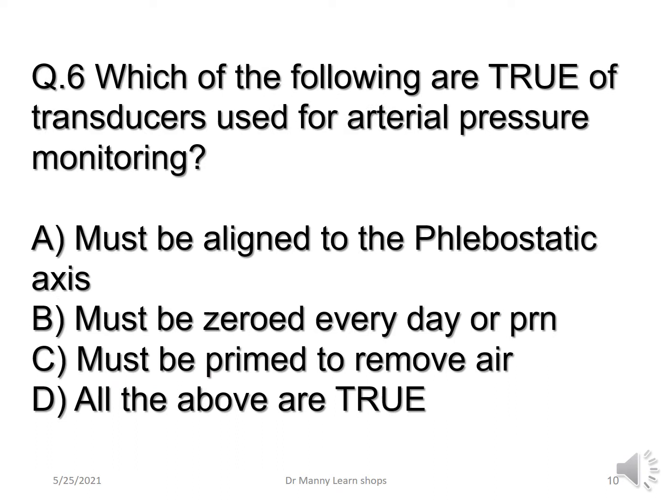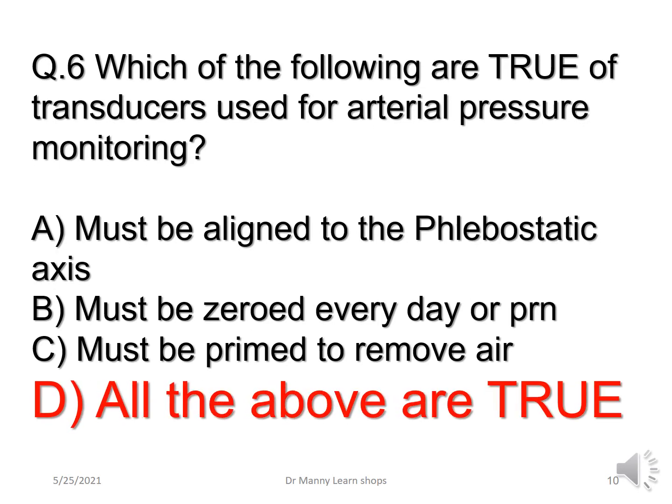Which of the following are true of transducers which are used in arterial pressure monitoring? They have to be aligned to the phlebostatic axis. They've got to be zeroed every day or as required. They've got to be primed to remove all the air. Or is it D? All of them are true. The correct answer is all the above are true.